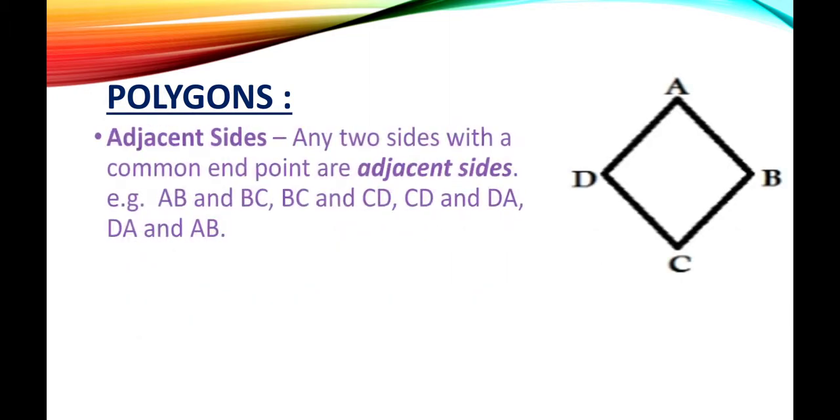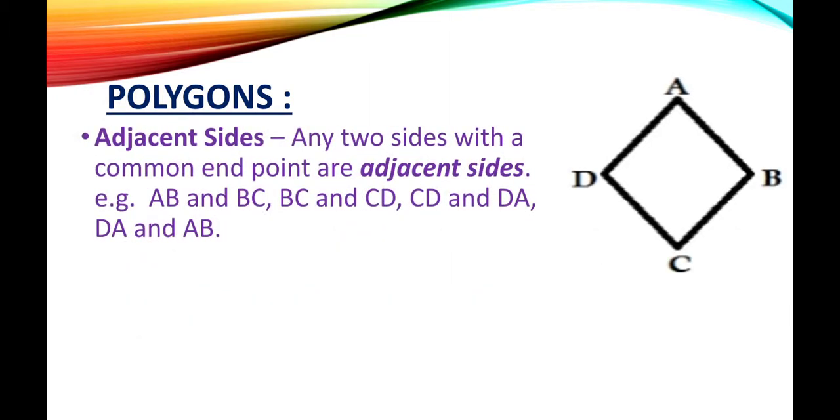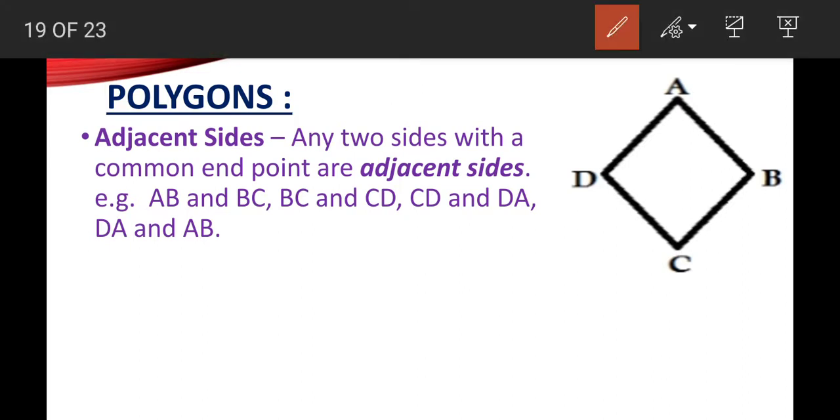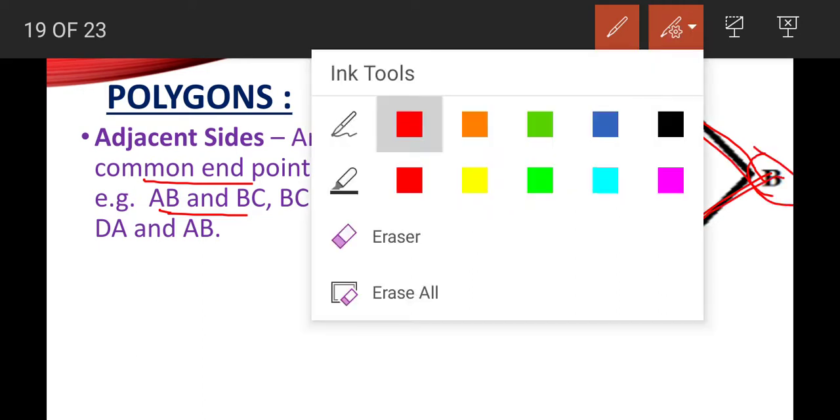Now come to the next one, that is adjacent sides. So what are adjacent sides? Two sides having a common endpoint are known as adjacent sides. Here, for example, AB and BC have the common endpoint B, so we can say that these two sides are adjacent sides.